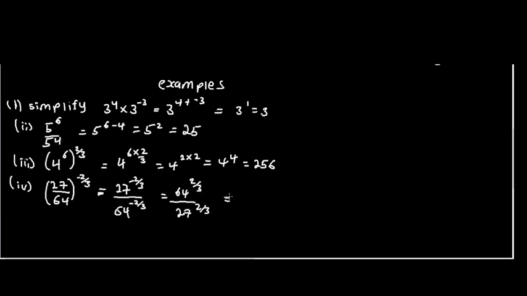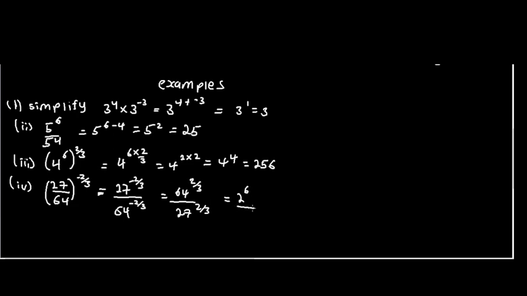After getting that, remember you have 64 to the power of 2 over 3, and we can try to express 64 in terms of its factor 2. So 64 is 2 to the power 6.